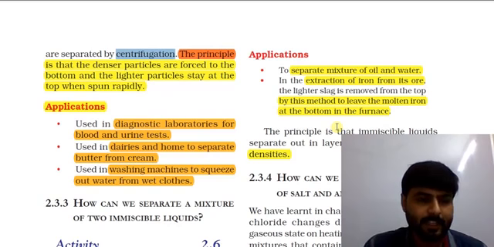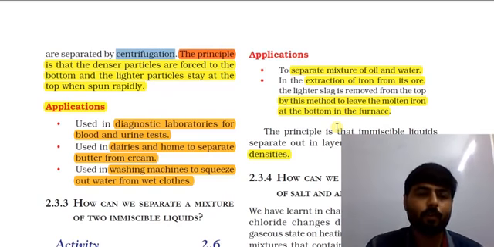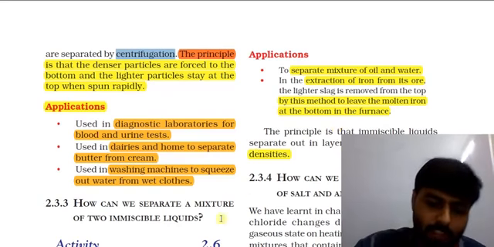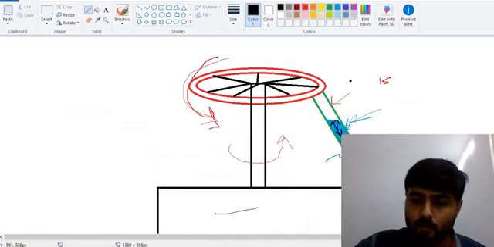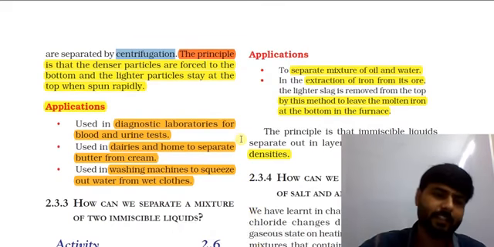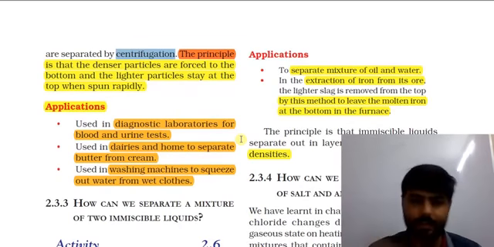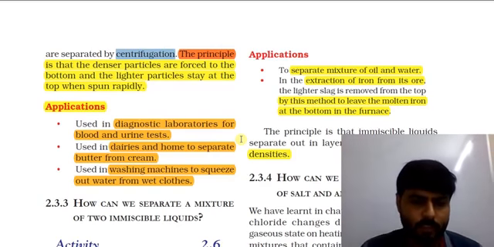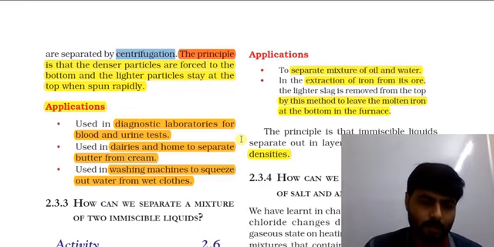So the principle is that the denser particles are forced to the bottom, as we have seen, and lighter particles stay at the top when spun rapidly. What is the application? It is used in diagnostic laboratories for blood and urine tests.